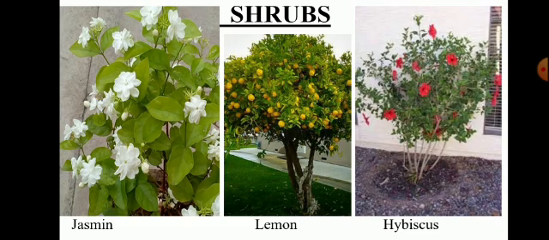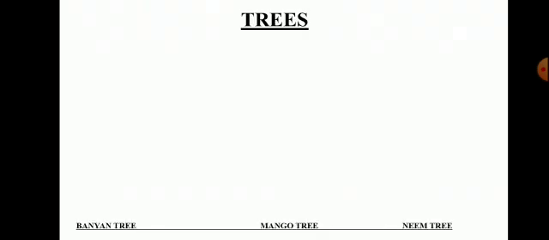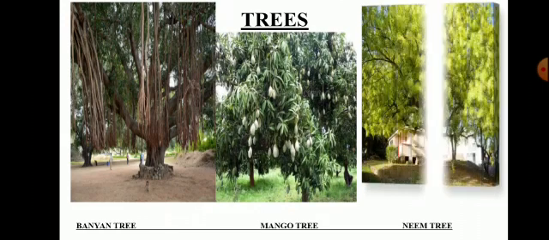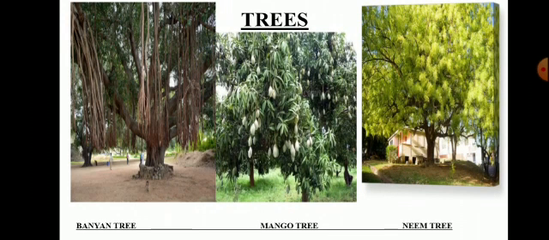Then trees. These are plants which are very tall and have a thick and hard stem. The branches originate from the upper part of the tree and are very high above the ground. They are tall with hard and woody stems.